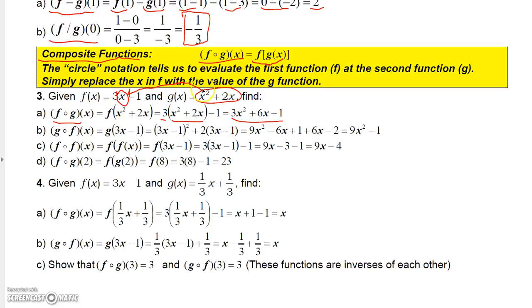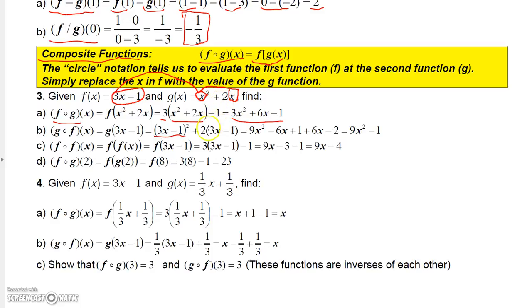Now you can turn it around and you can do g of f of x. To do g of f of x, you actually go the other way. You take this f function and you go over here, and everywhere you see an x, you have to replace that x with whatever that f function is. So in this case, instead of x squared, I would have to replace x with 3x minus 1. So I'd have 3x minus 1 quantity squared.